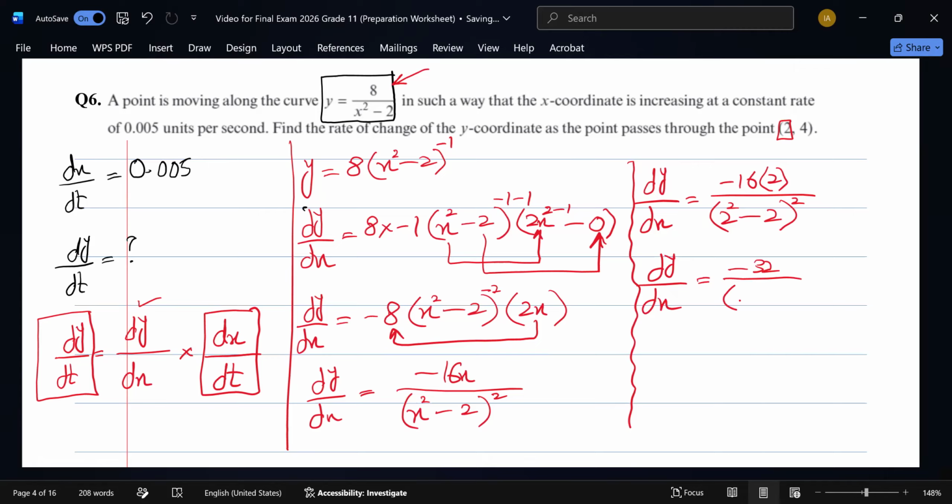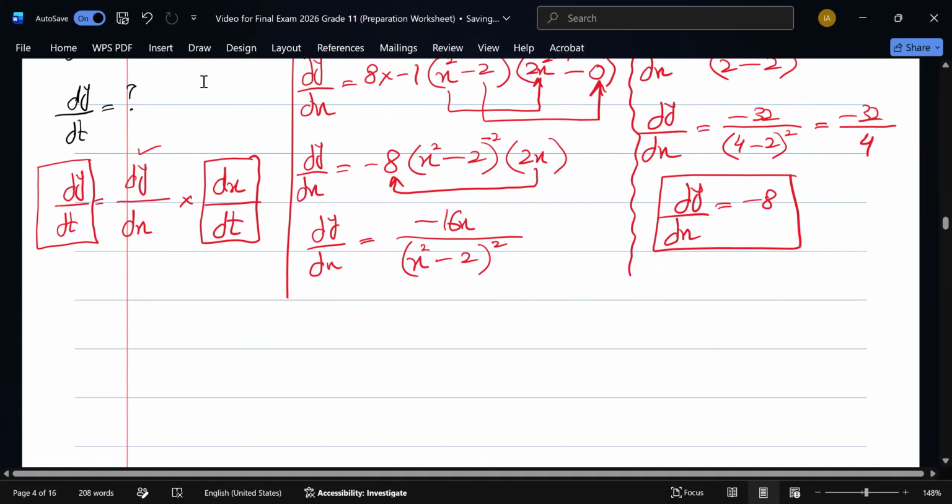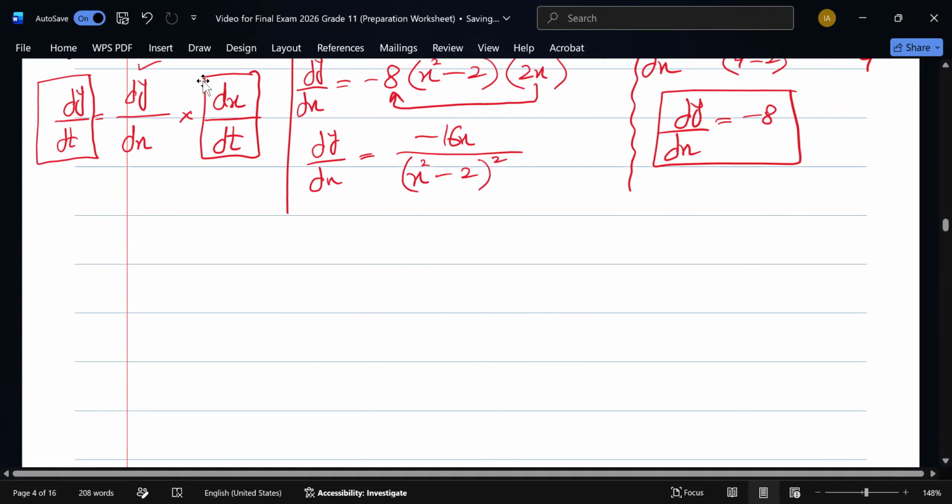It's going to be (4 minus 2) squared. Negative 32 over 4, it's going to be 8. So dy over dx is going to be negative 8. Now we need to use the chain rule. That's why I substitute the values here one by one.